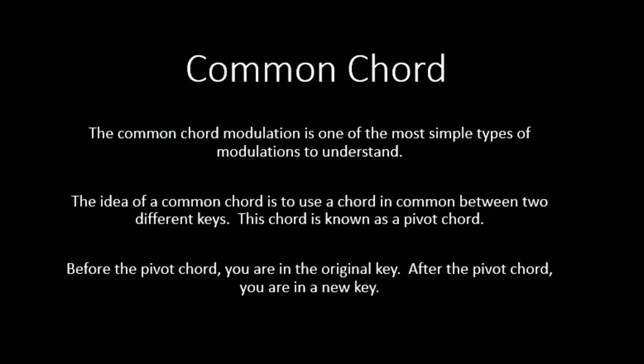Okay, common chord modulation, which is what we're going to talk about right now. The common chord modulation is the most common type of modulation, I think. It's the most basic and easy to understand, which is why we're doing it. And basically, whenever you're modulating, you have a beginning key, C major, and then a key that you're moving to, say A minor.